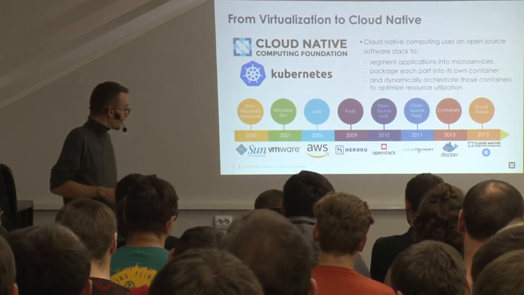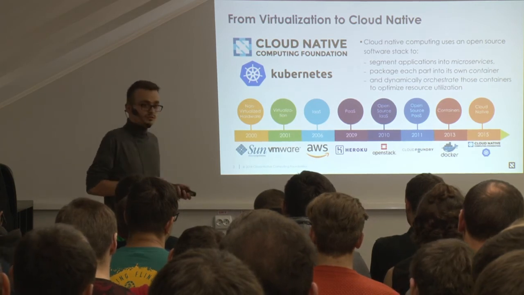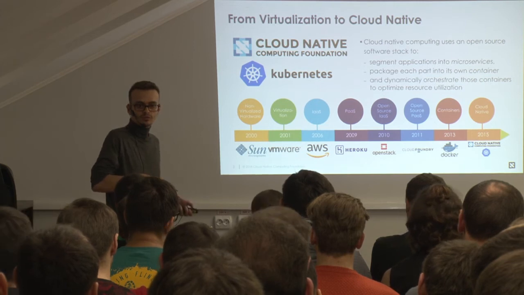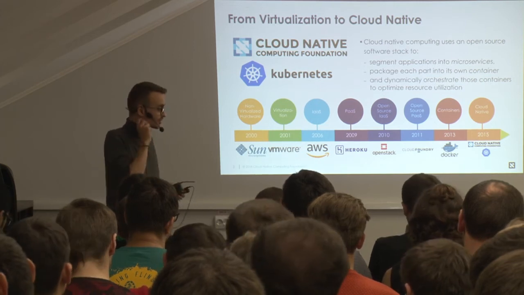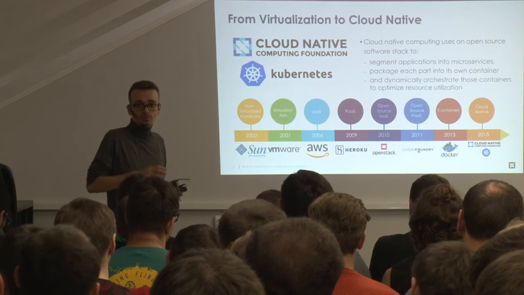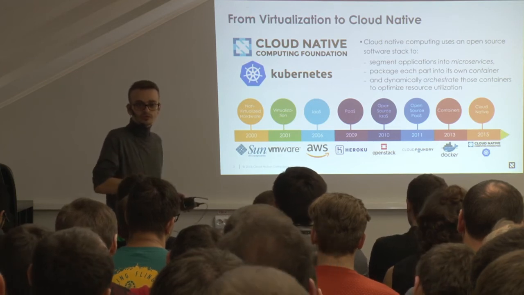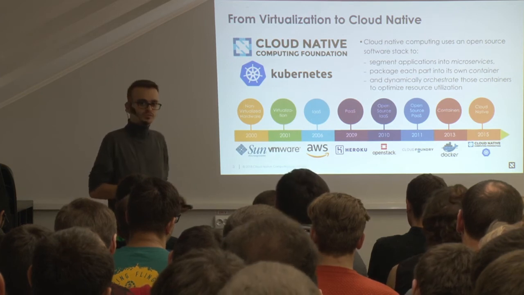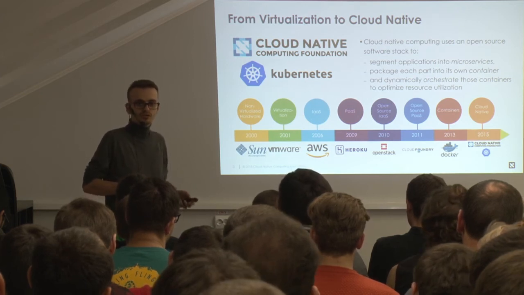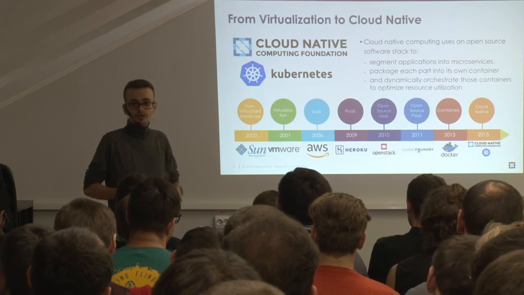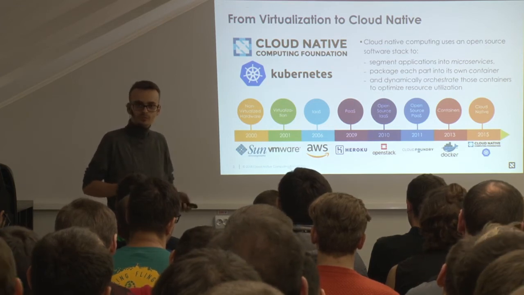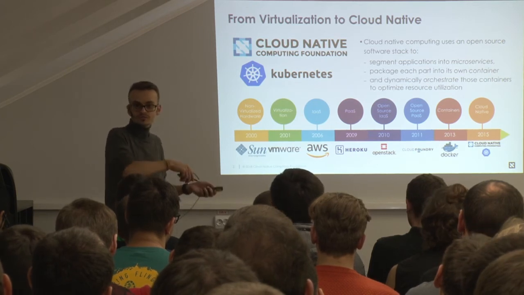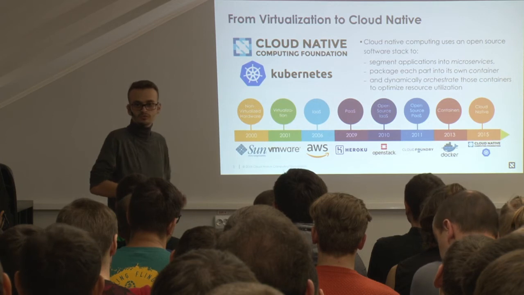But later, the biggest issue in the industry was how you can bundle all your software into some piece that can be easily shipped somewhere, and that can be run in the same way on your local machine, on your laptop, and somewhere in a public cloud like Google Cloud.